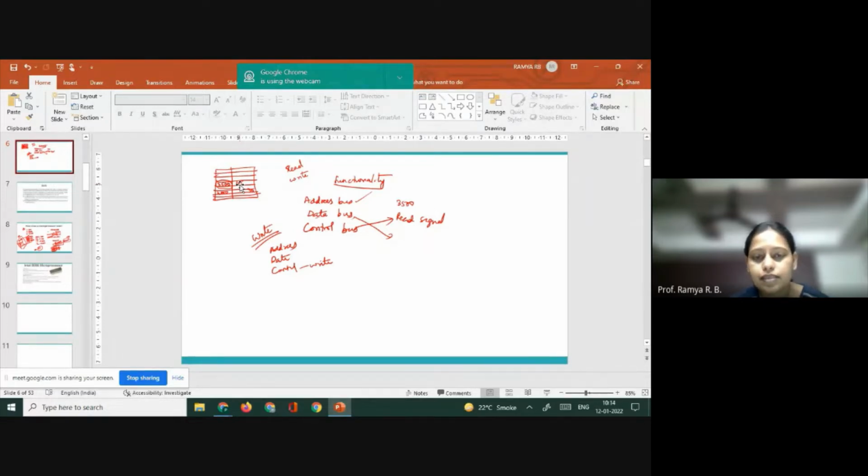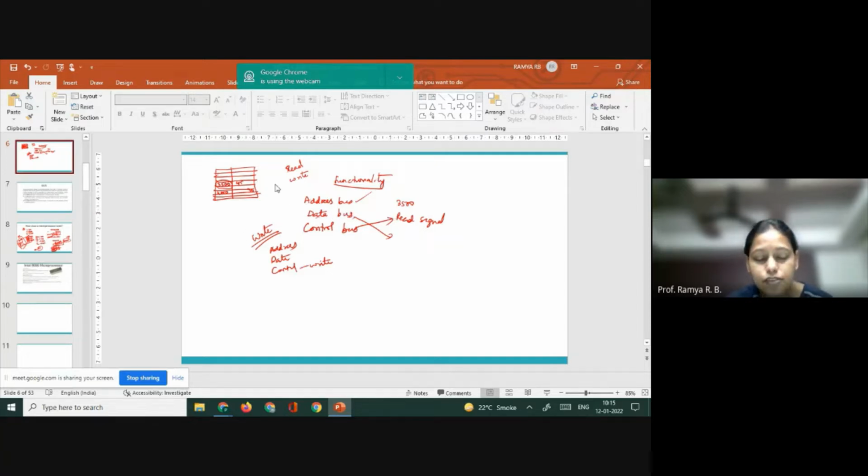Then you access that location. If you want to copy it to the microprocessor, that will be done via the data bus.